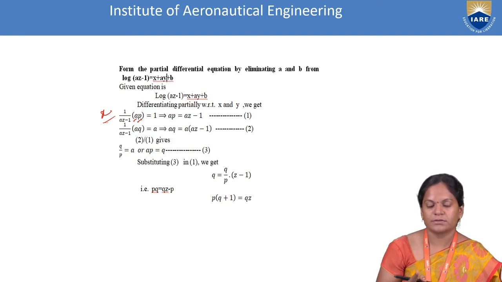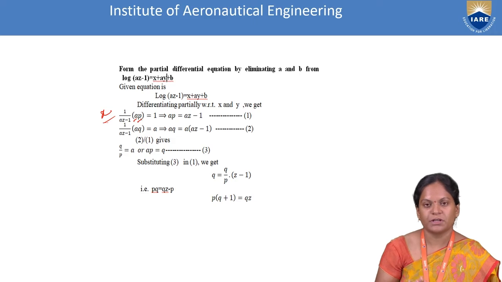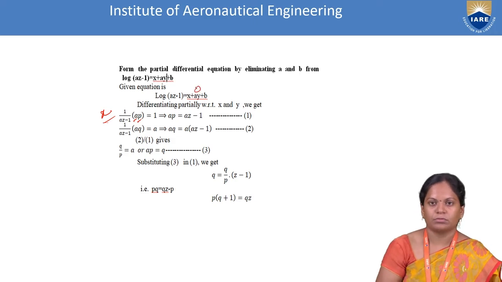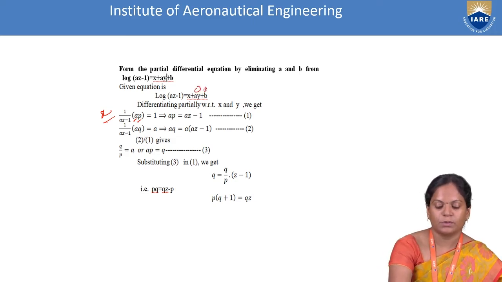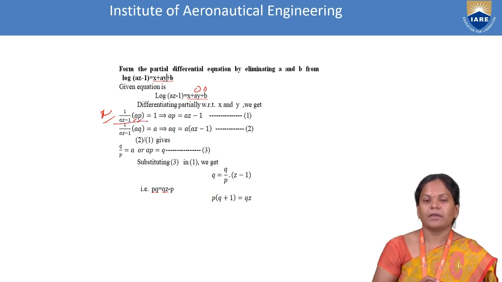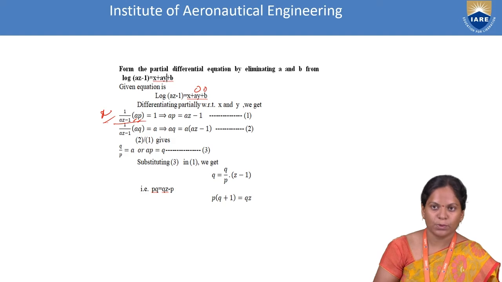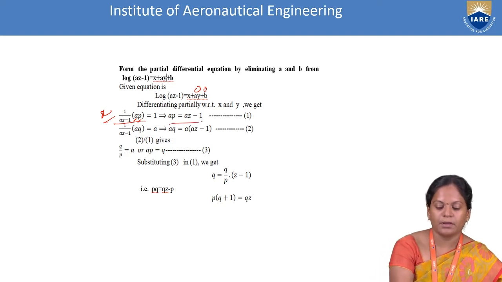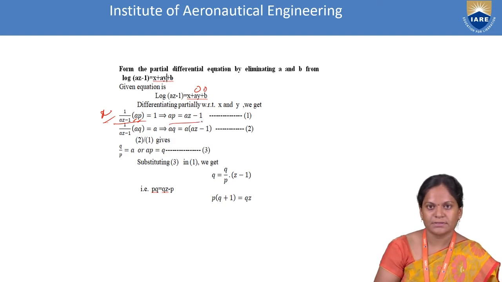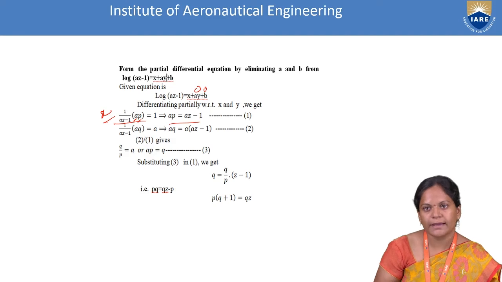We are taking x differentiation, so partial with respect to x means treat y as constant. x differentiation is 1, and a is a constant, y also constant. Constant derivative becomes 0, and b is also constant, that one also 0. So here we have only 1 by (az minus 1) into ap equal to 1, and ap equal to az minus 1. This is the first equation, partial derivative with respect to x.